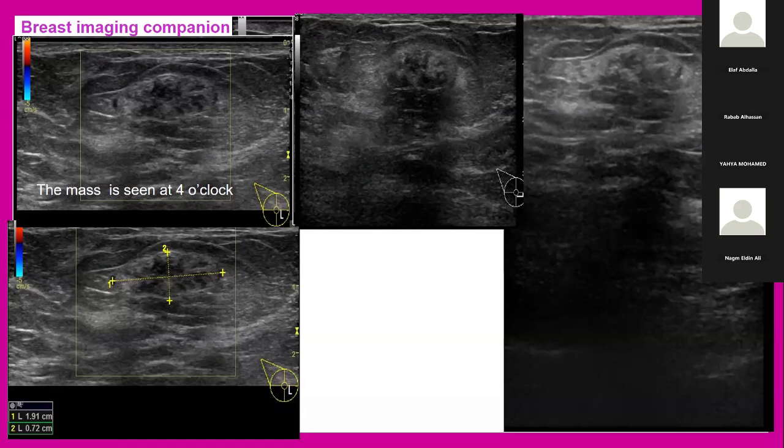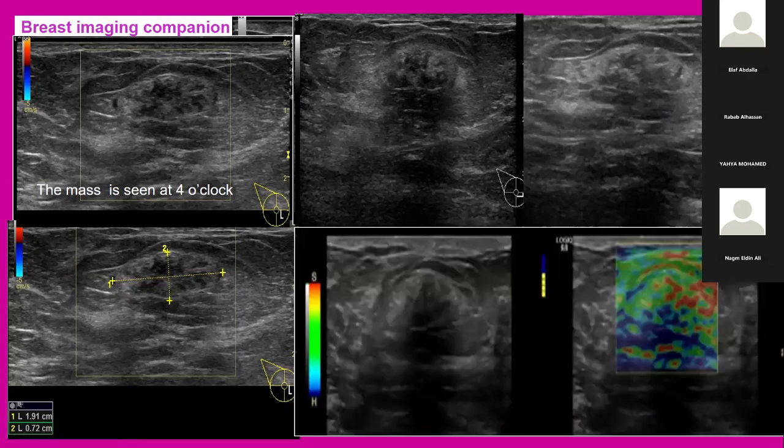Here also we can see the posterior margin is incomplete, and some of the tissue of the same texture as the lesion is seen outside, but obscured or masked by this posterior shadowing. Yes, this is the mass.